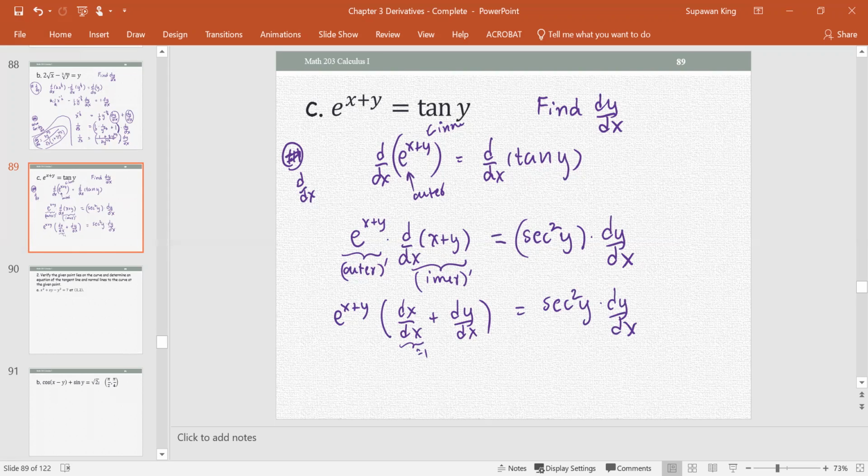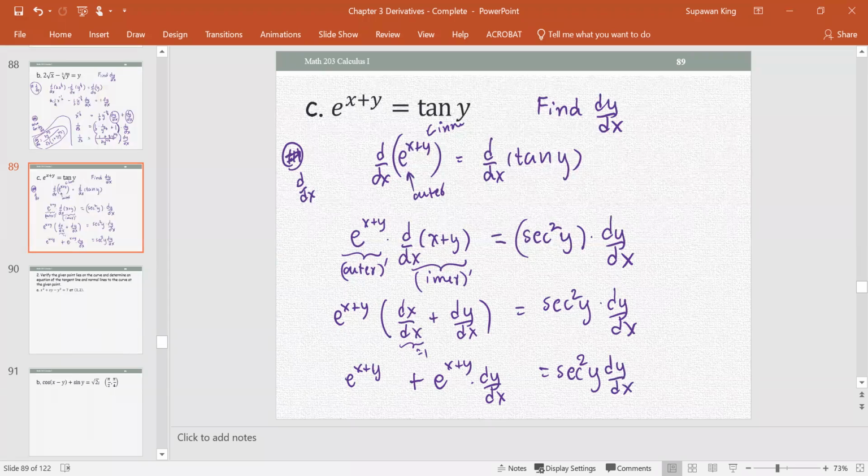So we expand the product by multiplying both terms with e to the x plus y. So e to the x plus y multiplied by 1 gives e to the x plus y, added to e to the x plus y times dy by dx, equals the right-hand side, which is secant square of y times dy by dx.